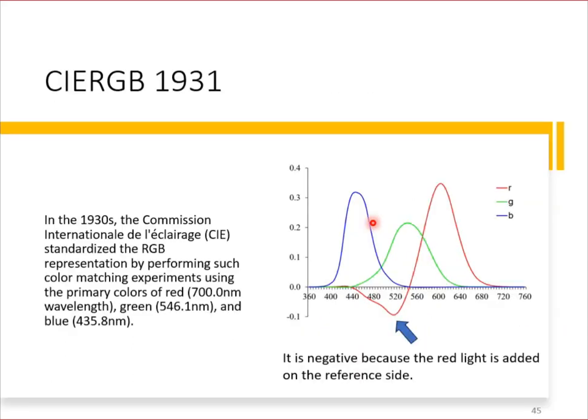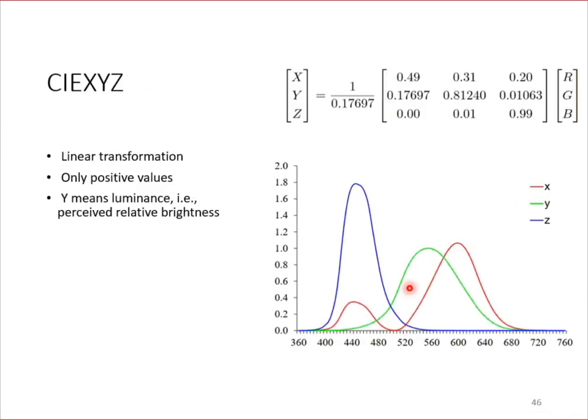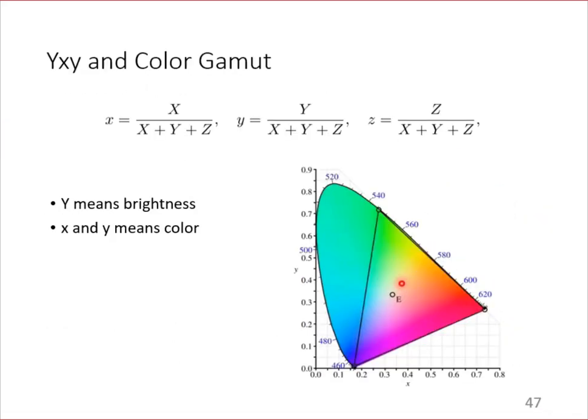So that's the reason why there is a negative red color. It means no matter how much of the lights are on one side, we cannot generate the colors for this region.